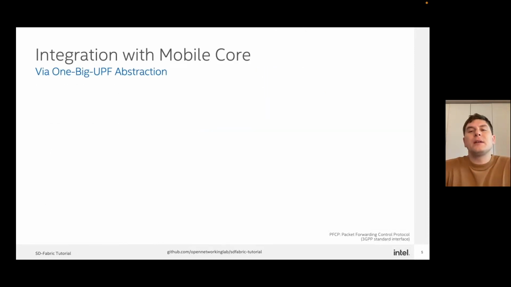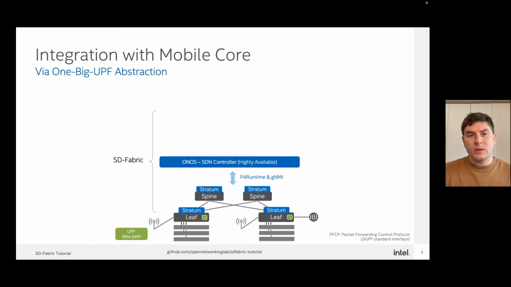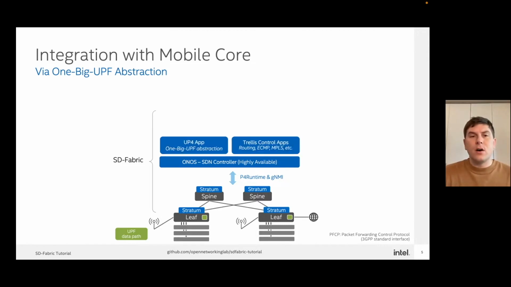Next, I want to provide a bit more detail about our control plane architecture and how we can integrate with a standard 3GPP mobile core. As you know, we use switches running Stratum controlled by ONOS using P4Runtime and gNMI. On top of ONOS, we have a number of applications. You already learned about the Trellis control apps to do things like basic routing, ECMP, and MPLS.